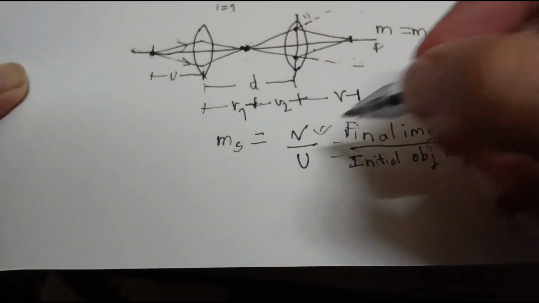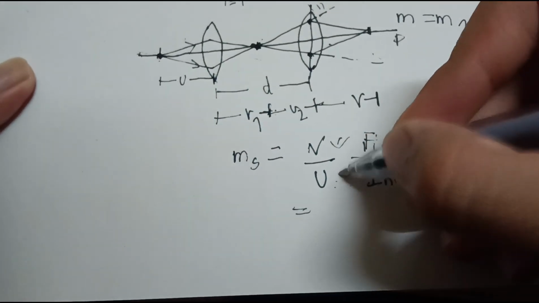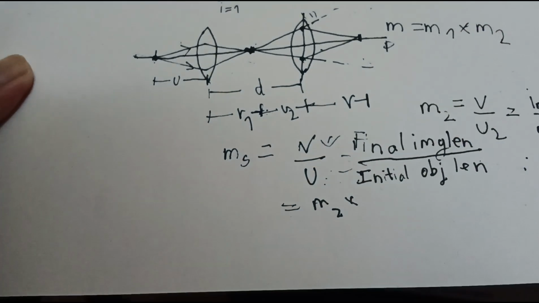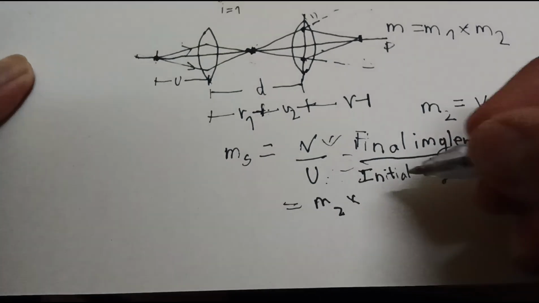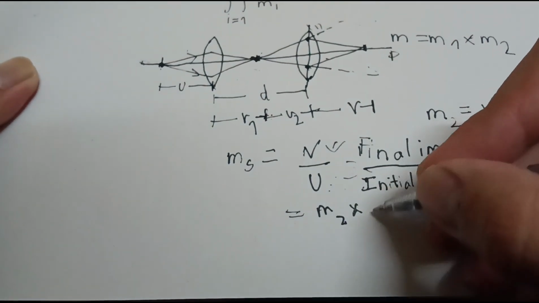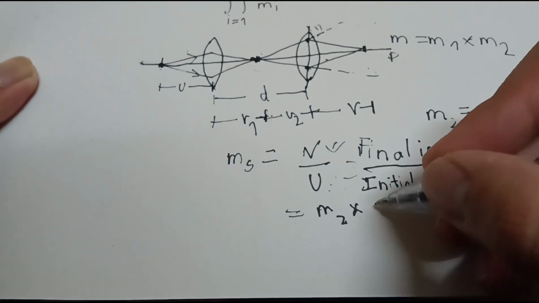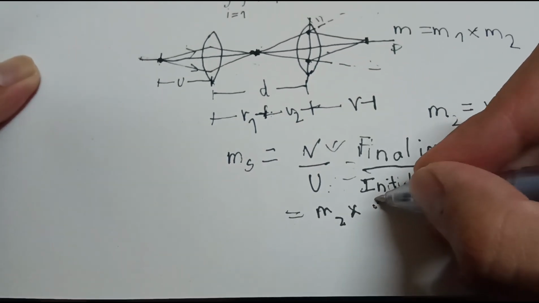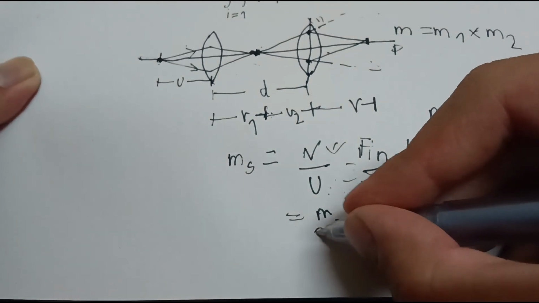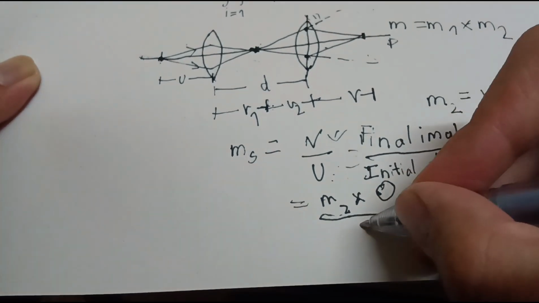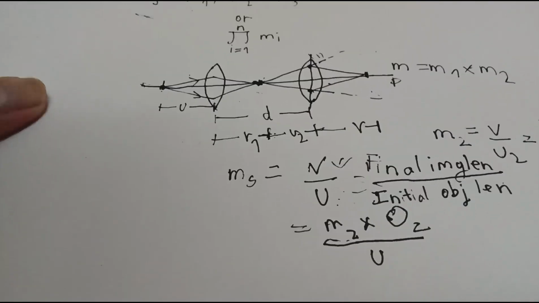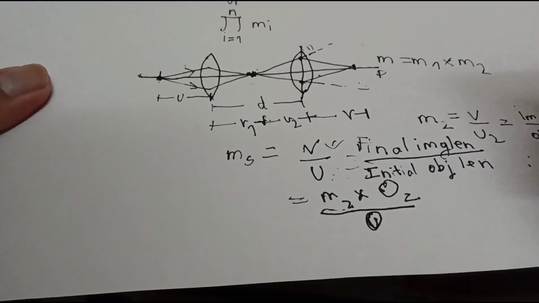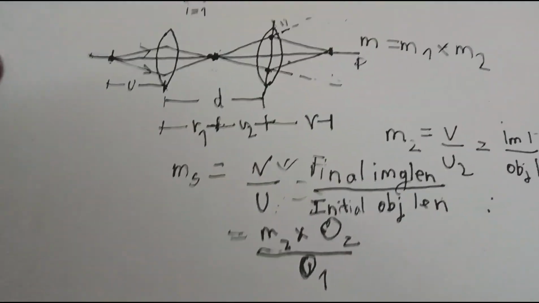That means that I can say that this should be magnification of the second lens multiplied by the object length of the first, for the second lens, which I'll say as capital O2 upon U. I should say O1 makes perfect sense. Let's say it's O1.